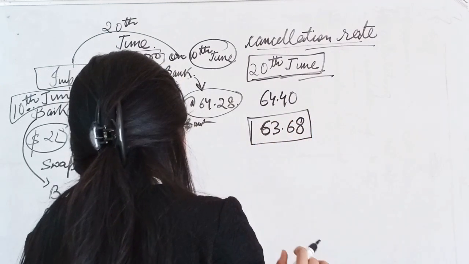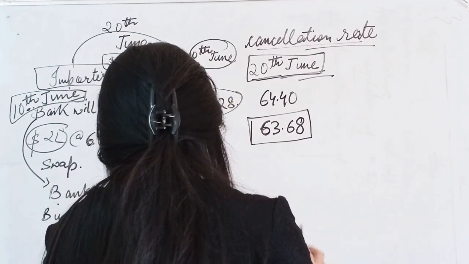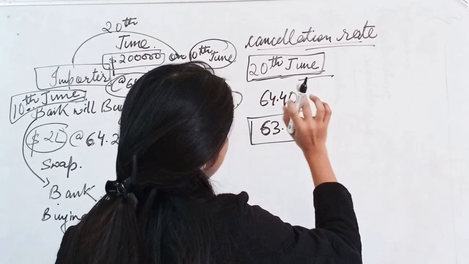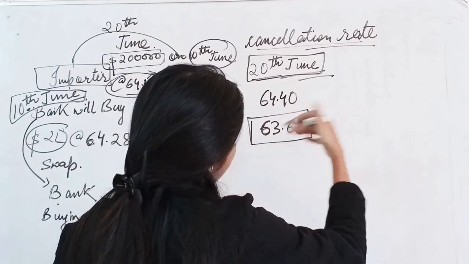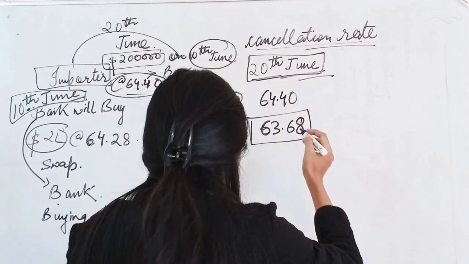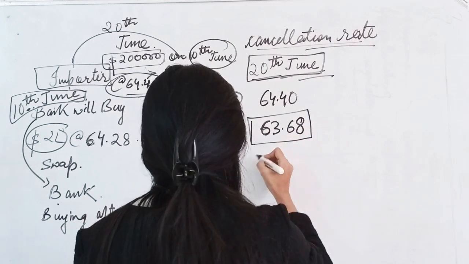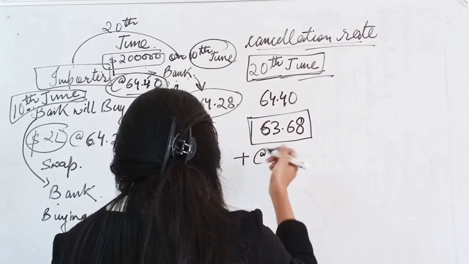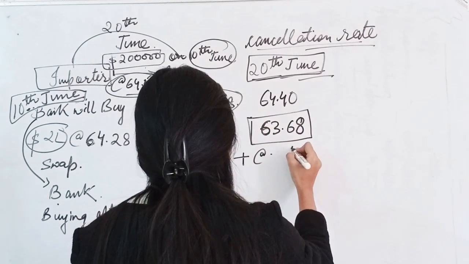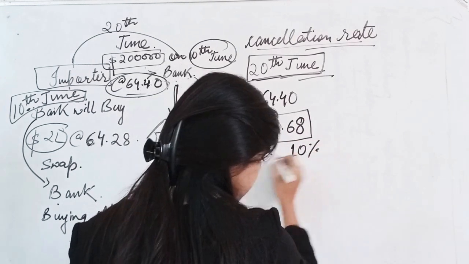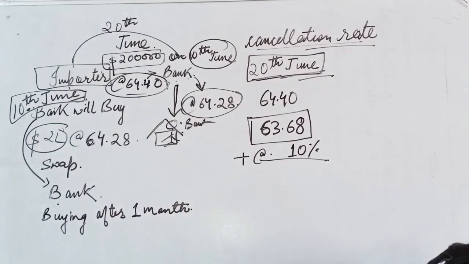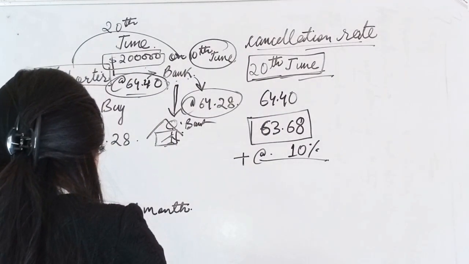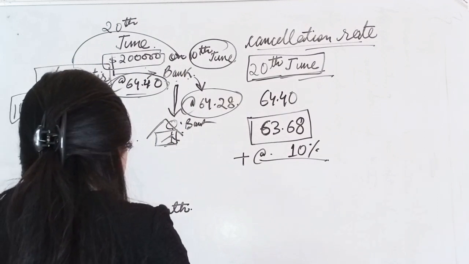But here in the question, the exchange margin is also given. We know that when a bank deals with an outside customer, the exchange margin is applicable at the rate of 0.10%.